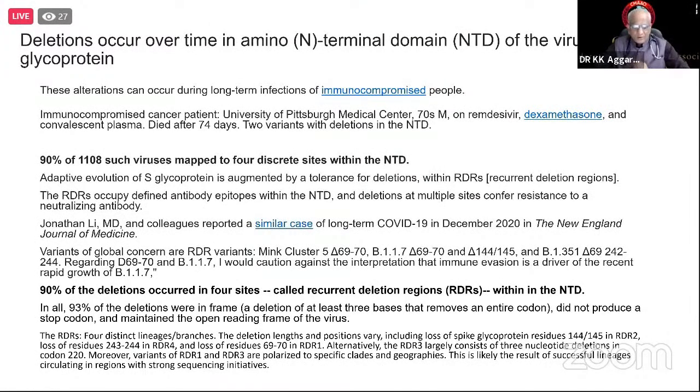Now what they are talking about is that 90% of the deletions in the virus occur in only 4 regions in the NTD. That means the majority of the deletions will be covered in the NTD. And amongst the NTD, maximum deletions will occur in prefixed areas.